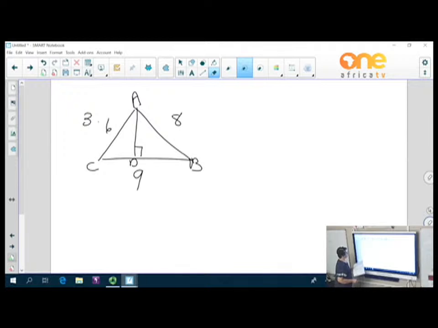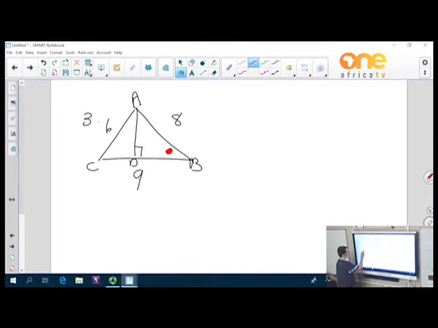And you can see that we can work in a right angle triangle, but the right angle triangle is now here, ABD. So we want to calculate angle B. So this is the angle that you want to find here. This is angle B. So I will have to do this with a cosine rule.